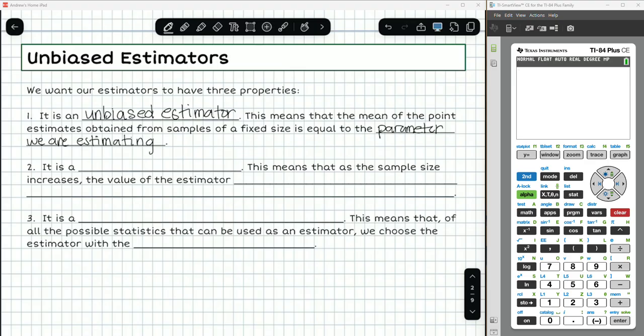So if I am estimating the mean height of students at Rancho San Juan, I want the mean of all of the samples of size 20 to be equal to the population mean that I'm estimating.